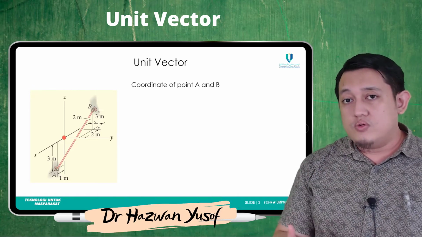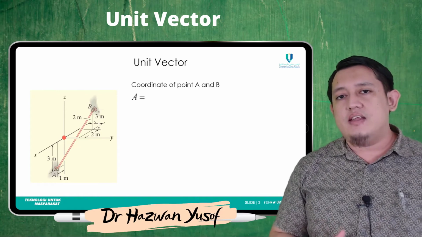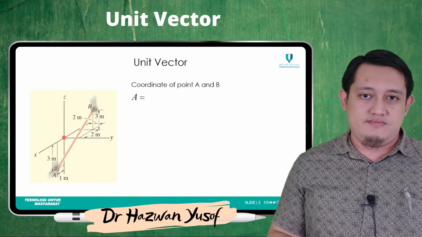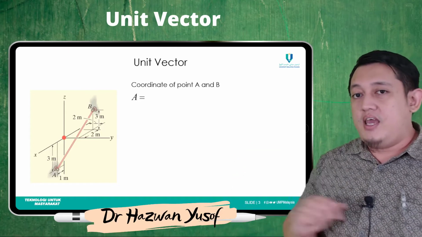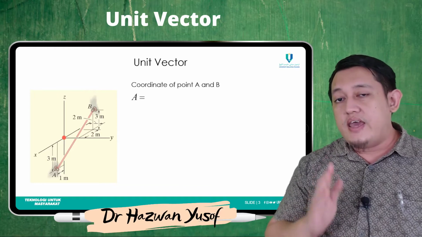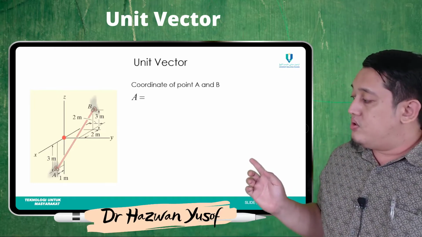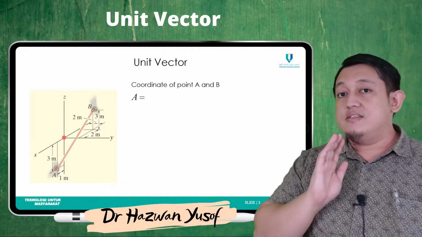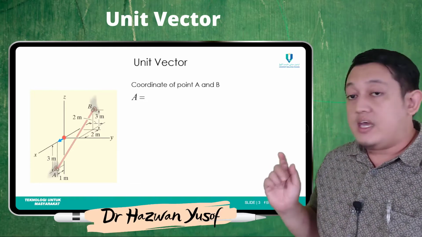And when we want to read the coordinate of A here, we need to travel from that center to point A. So how to travel? First, let's travel in x direction. From that point, if we want to go to point A in x direction, we need to move like this, from there to here.